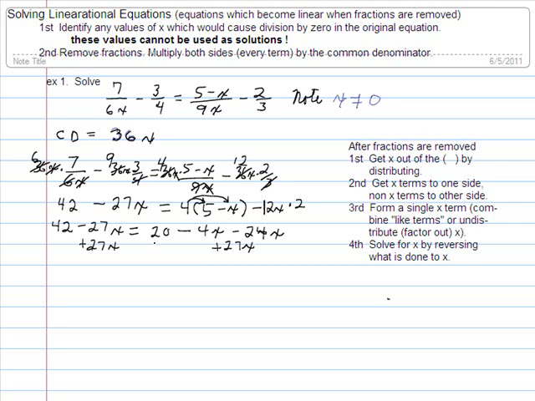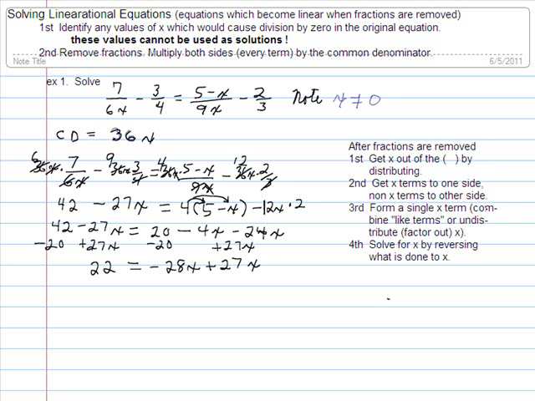I have to move them to the other side, so I'll say minus 20, taking the non-x term off of the right, and minus 20, leaving my non-x term on the left. So on the left I have 42 minus 20, which is 22, plus 0 is equal to 0, and then negative 4x minus 24x is negative 28x. I could have combined those like terms earlier, plus 27x.